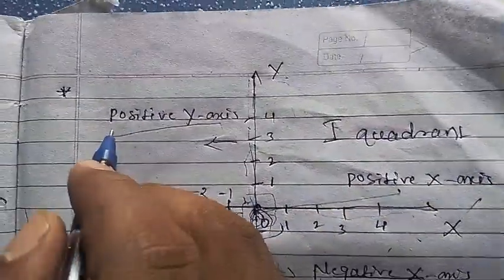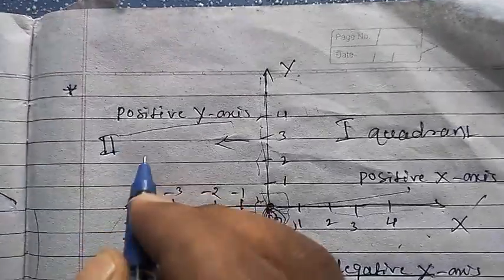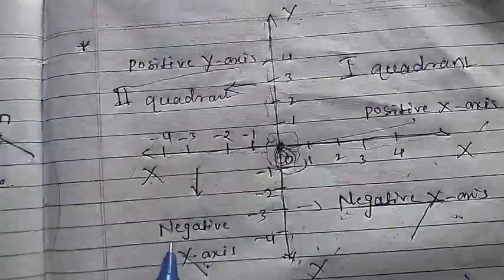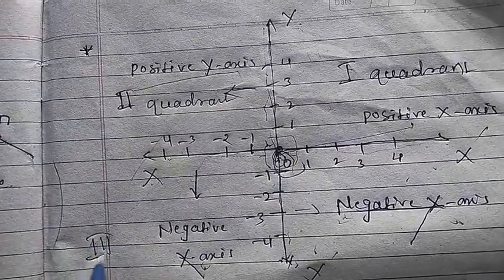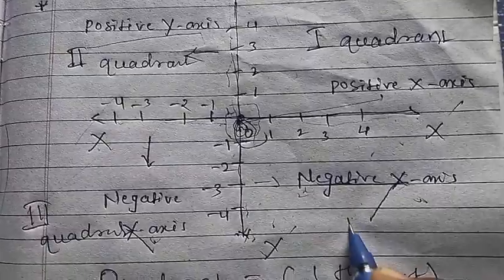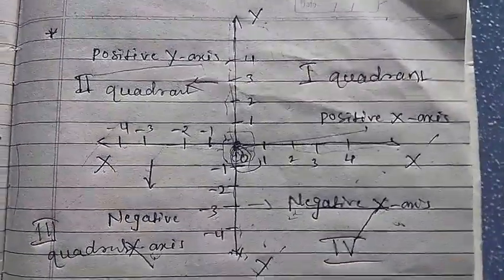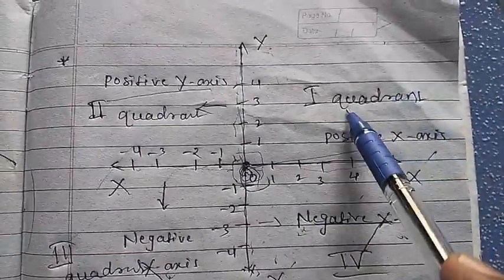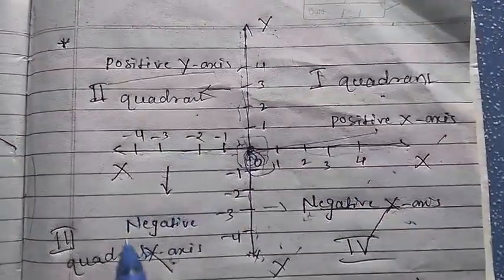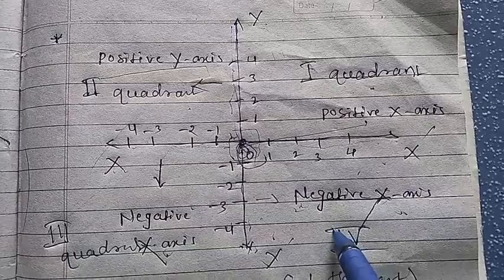And this one is the second quadrant. And this one is the third quadrant. And this one is the fourth quadrant. Clear? Quadrant means a 1/4 part. First quadrant, second quadrant, third quadrant, and the fourth quadrant.